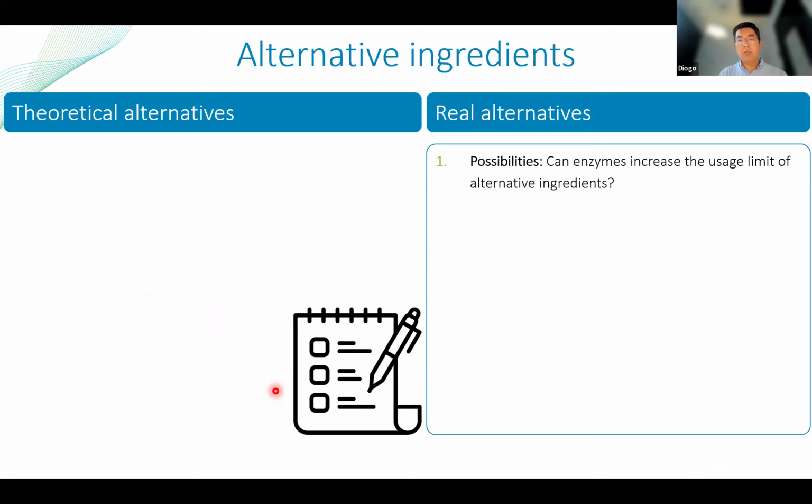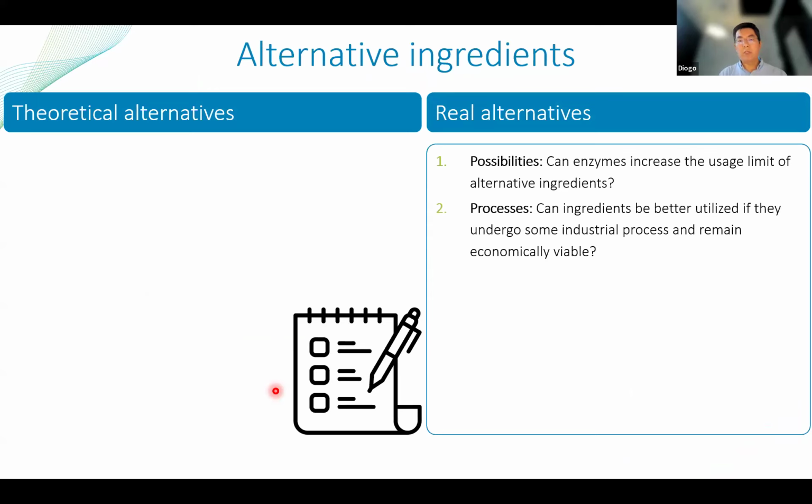We need to consider some questions. Can enzymes increase the maximum limit of use of alternative ingredients? Process: can the ingredients be better utilized if they undergo some industrial process and remain economically viable?